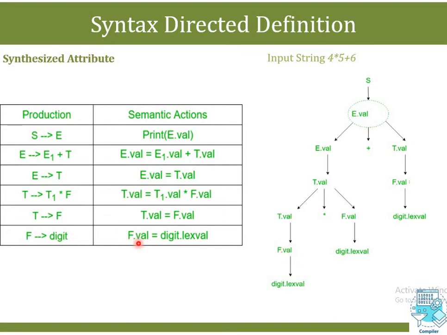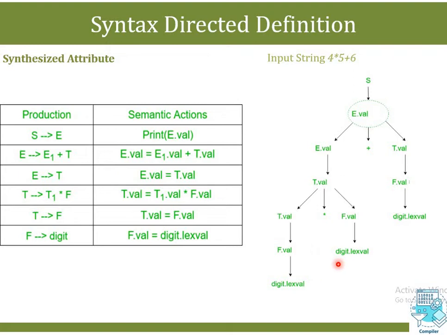F dot val is equal to digit dot lex val. So you'll be getting the value from the lexical analyzer. So F dot val will be taking the value 4, because in our input string the first input is 4. Once you know that, the value will be assigned to F dot val.